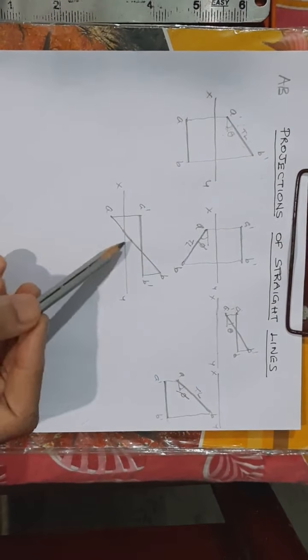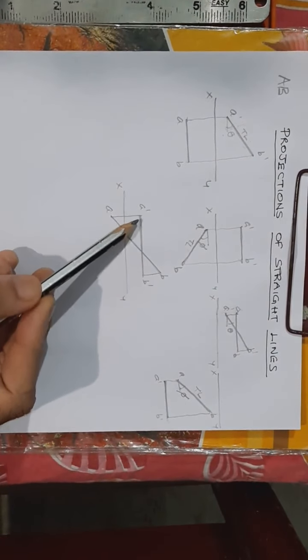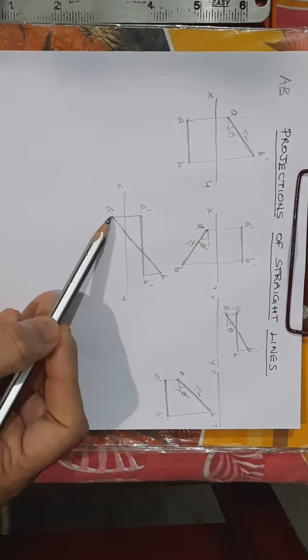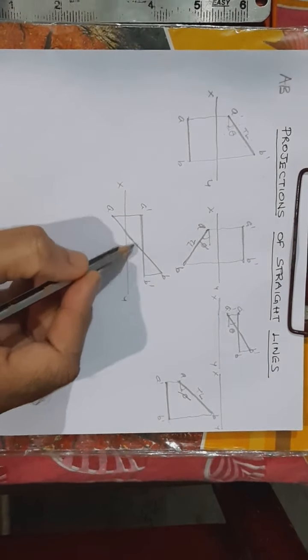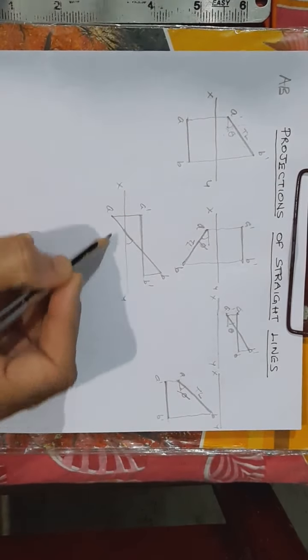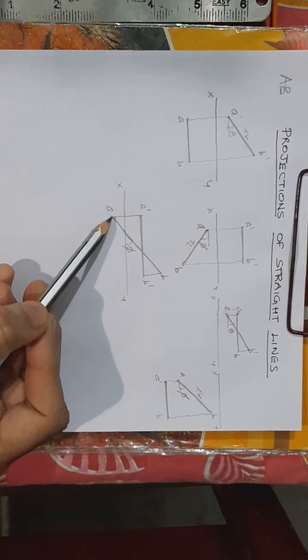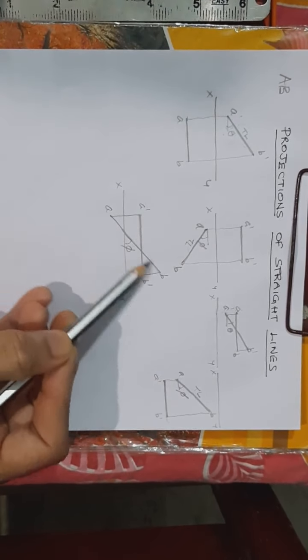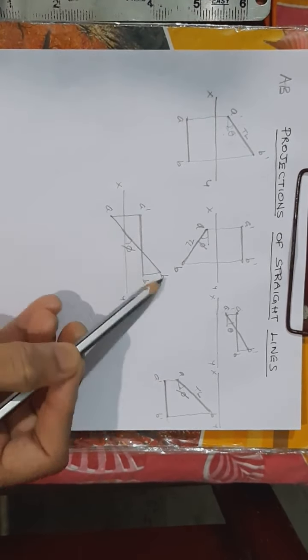That means the line is parallel to HP, because the front view is parallel to the XY line and the top view is seen inclined to the XY line. That means this inclination will be phi. And since this top view is crossing the XY line, the line is penetrating VP.